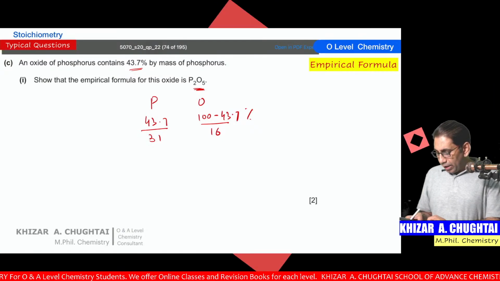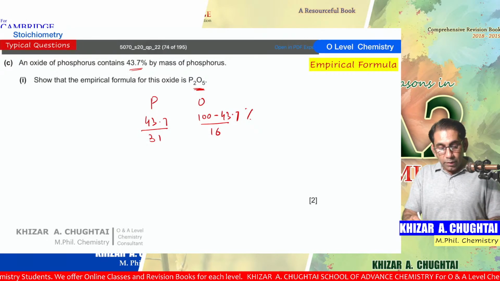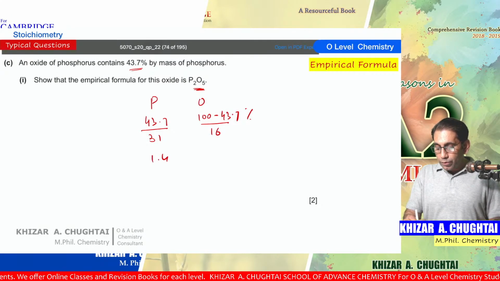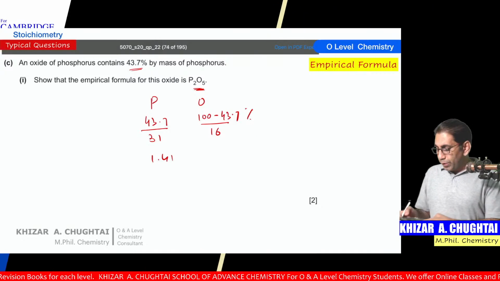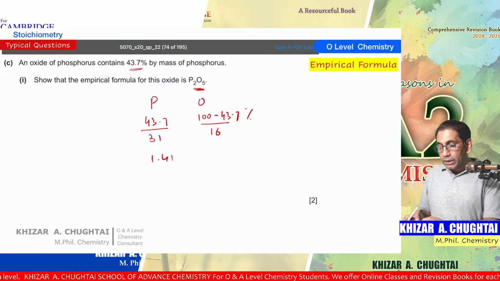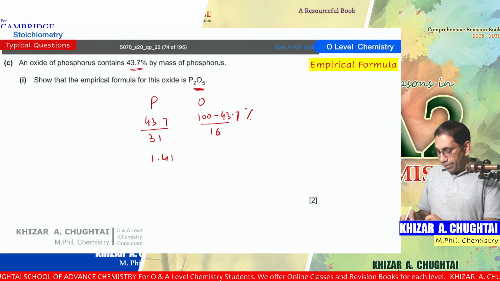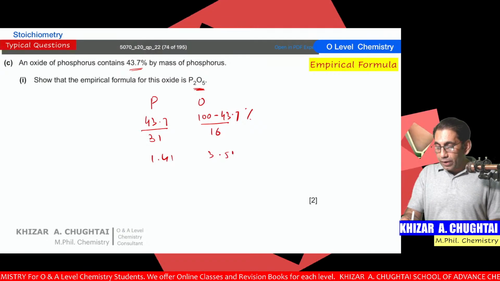43.7 divided by 31 is equal to 1.409. I think 1.4 is the correct one, or you can say 1.41. What about the oxygen? 100 minus 43.7, divided by 16, and the answer is 3.51.